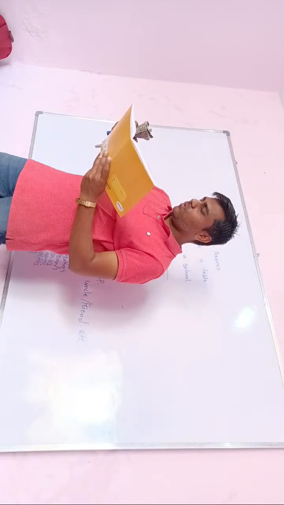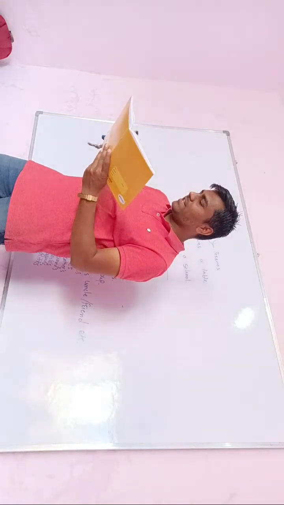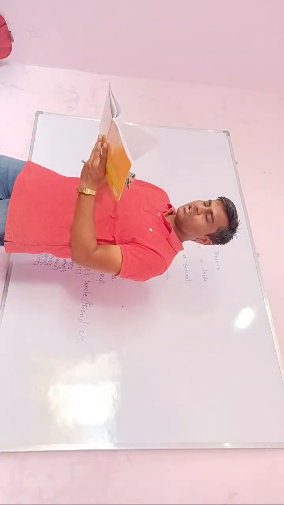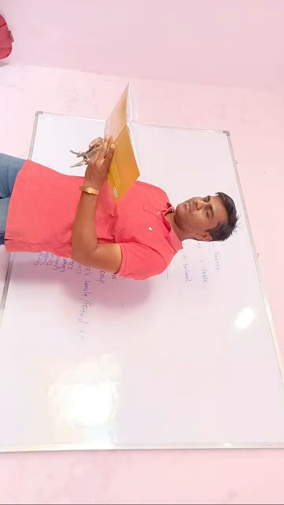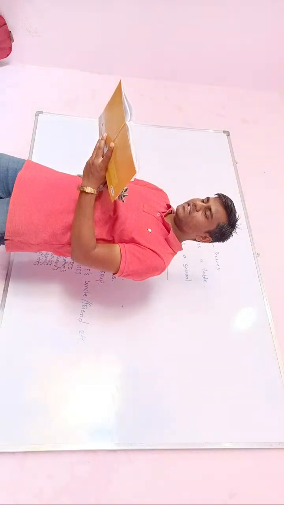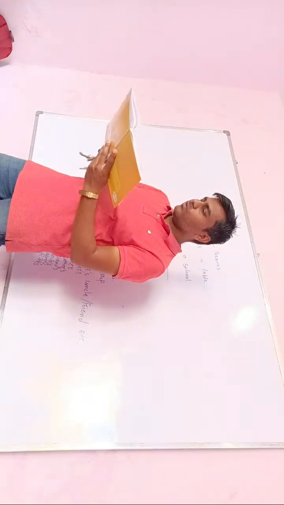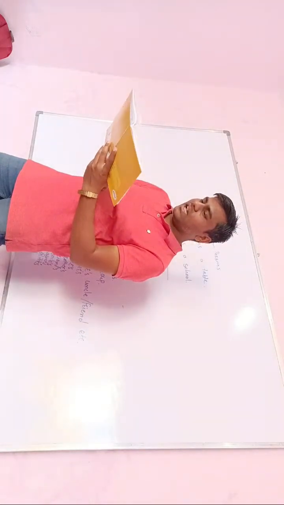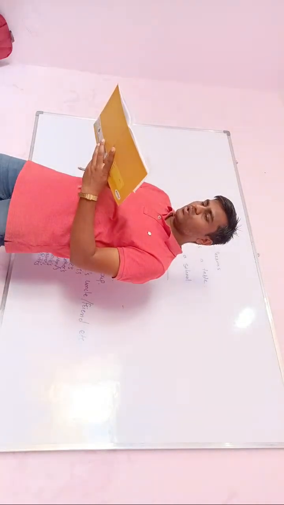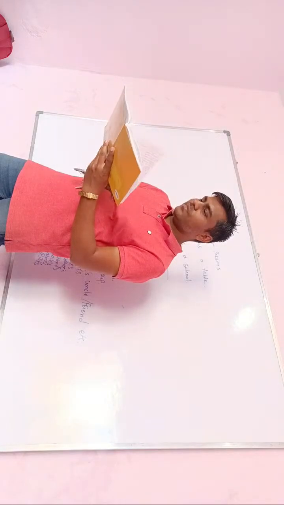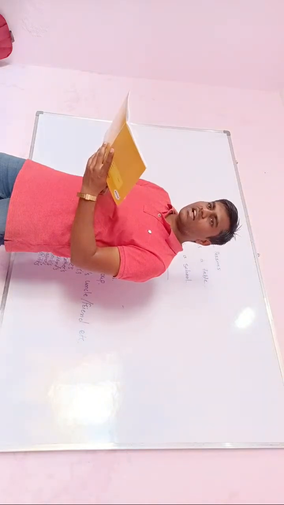1, 2, 3, 4, 5, 6, 7, 8, 9, 10, 11, 12, 13, 14, 15, 16, 17, 18, 19, 20. 21, 22, 23, 24, 25, 26, 27, 28, 29.